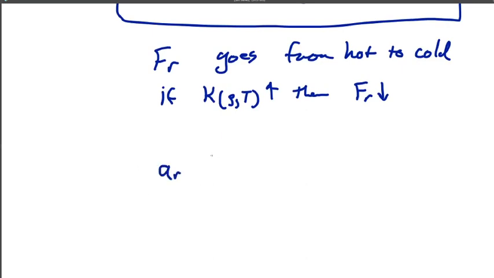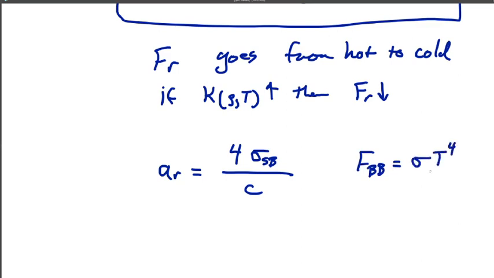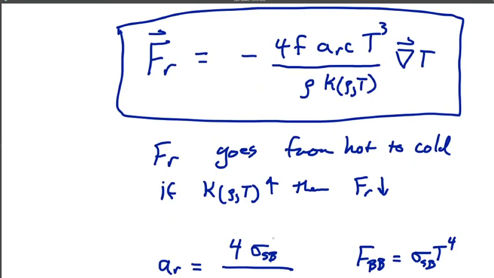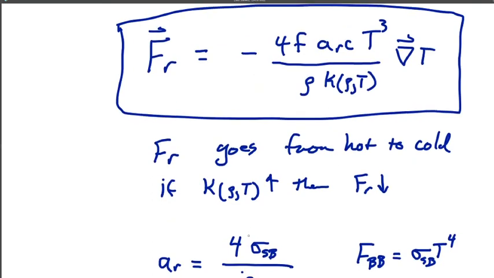The radiation constant is equal to 4 times sigma, the Stefan-Boltzmann constant, divided by c. This is the same sigma where, if you have a black body, it has a flux of sigma times T to the 4th. Our radiation constant is tied to the Stefan-Boltzmann constant by this simple relationship.